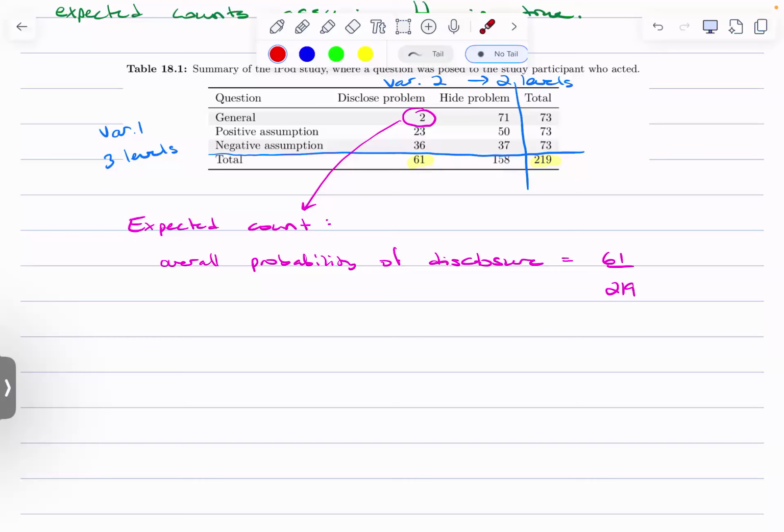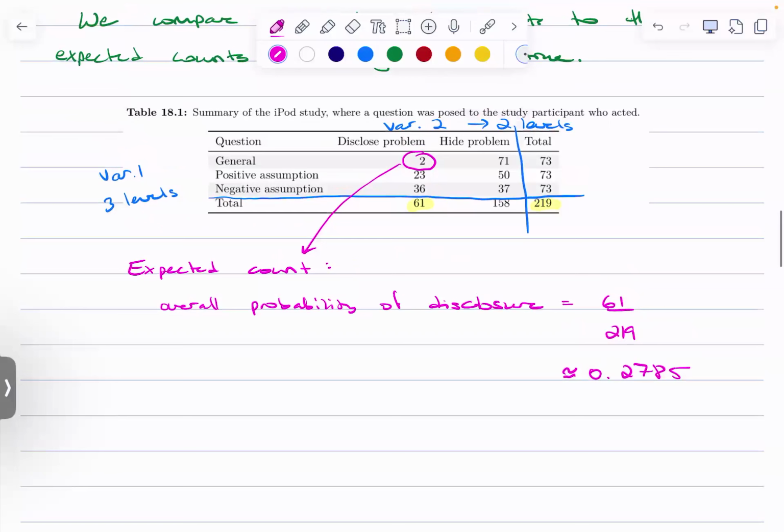In fact, I'm expecting roughly 61 over 219, roughly 0.2785 to 4 decimal places. So 27.85% is what I would expect in each of those question groups.